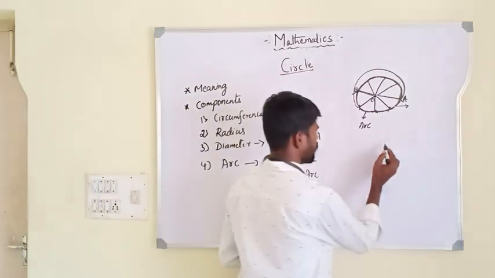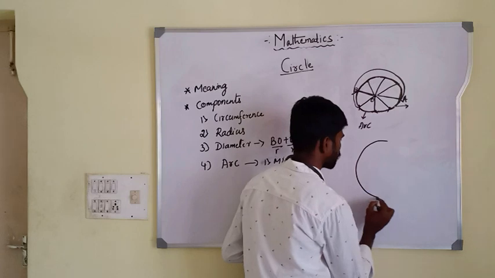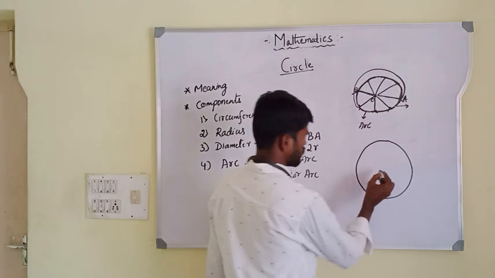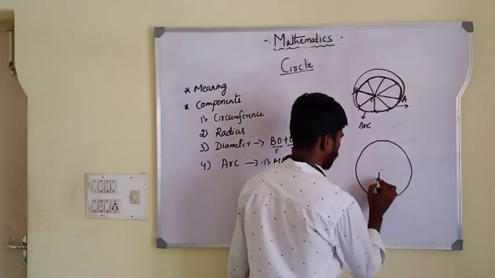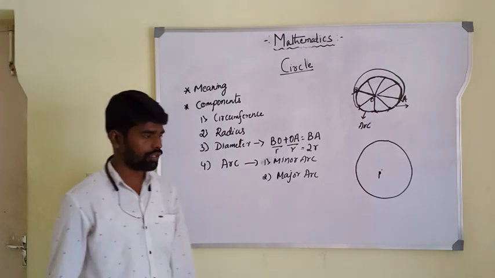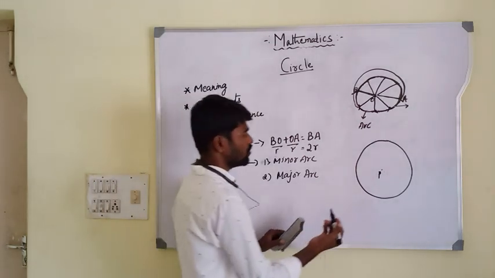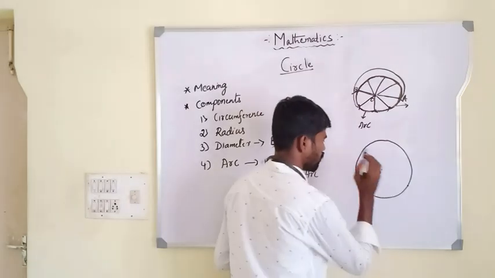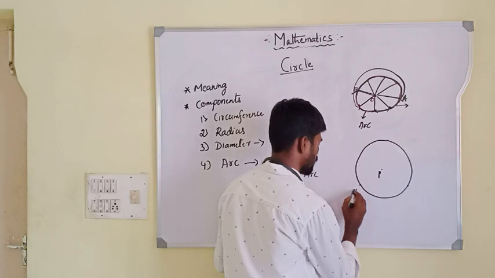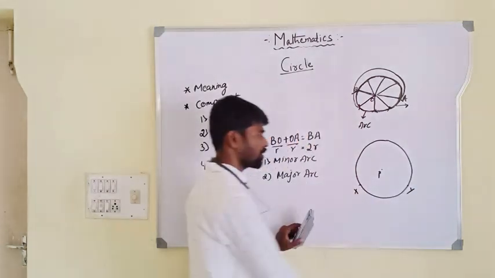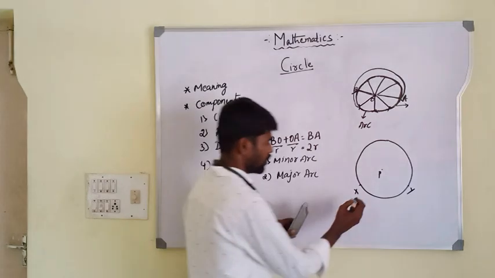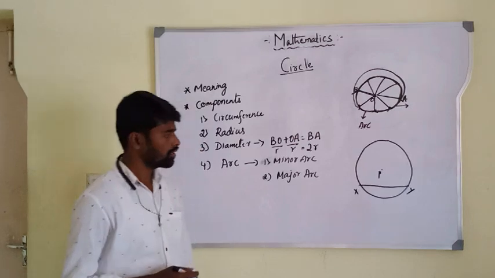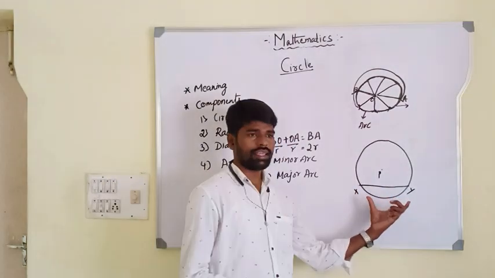Next, let us take one circle. So the next component we will discuss: circle with center P. So now I will choose 2 points on the circle. Let us rename that as X and this as Y. So now I will join X and Y. Then XY is a line segment.